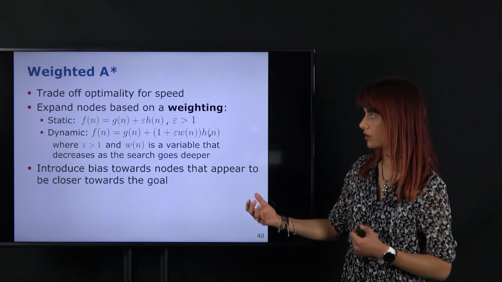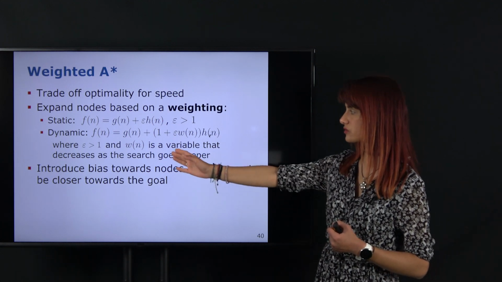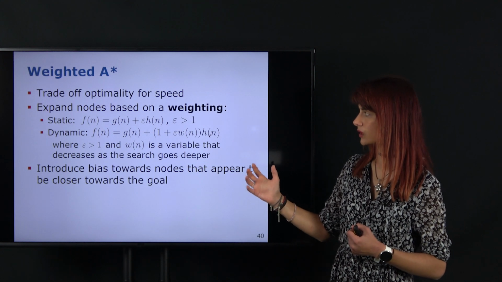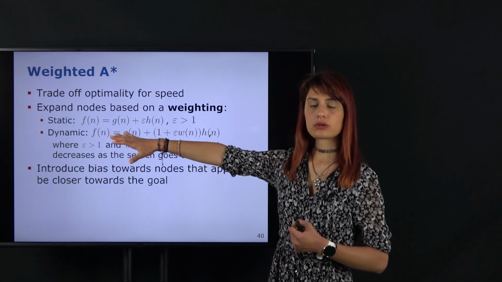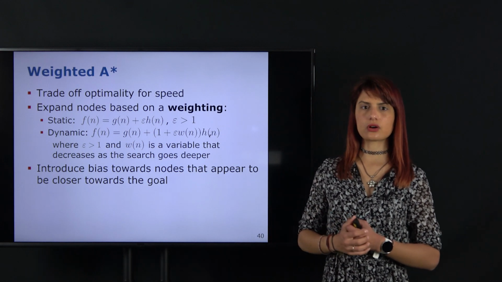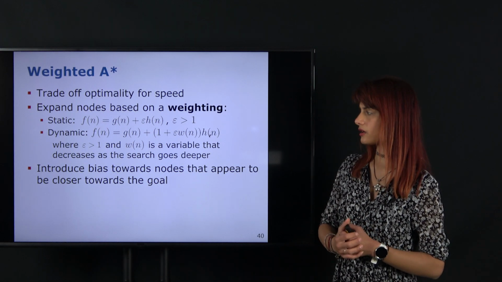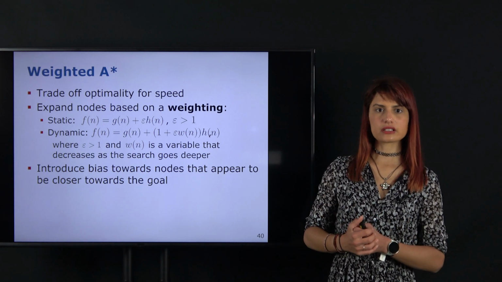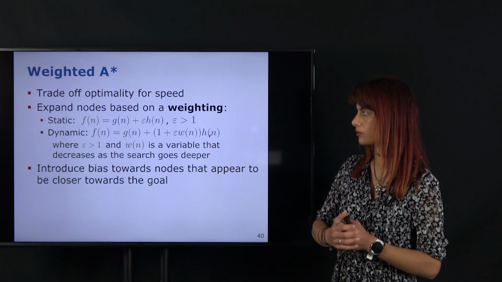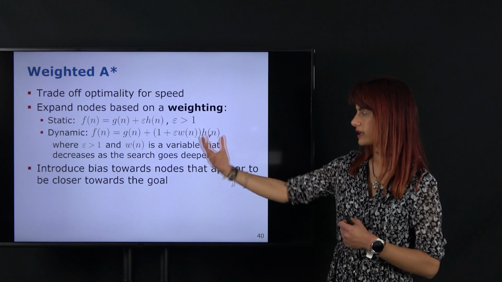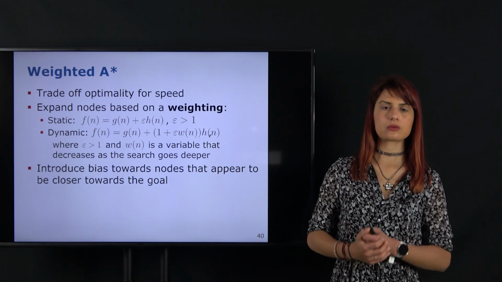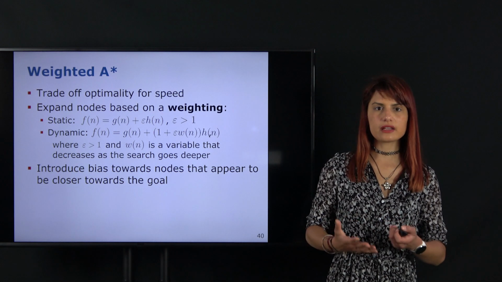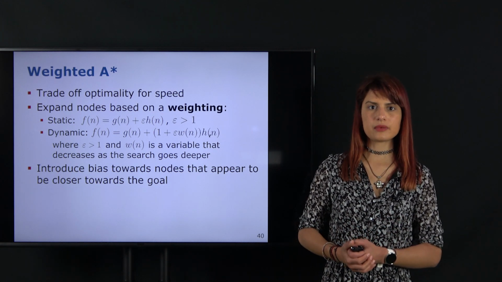And then later on in the mission, thanks to this weight that decays over time, we actually start weighing relatively more the accumulated costs, and we can tune the search because we have already traveled a lot and now we want to weight the accumulated cost more when we reach the goal. So this is a way of biasing these two elements.